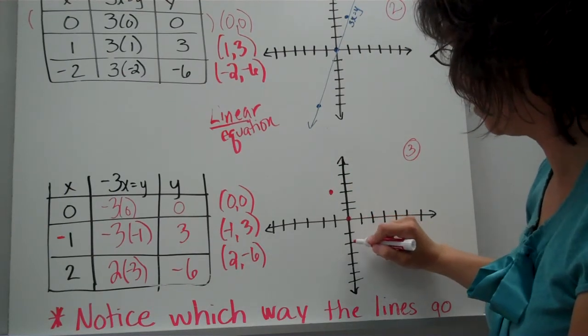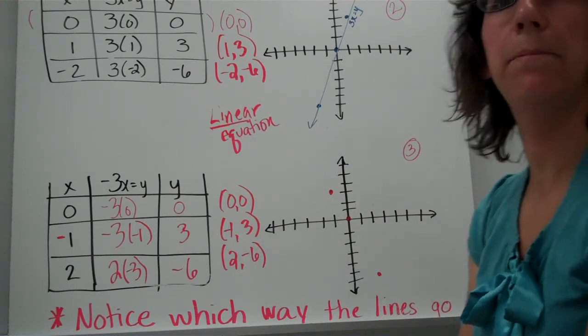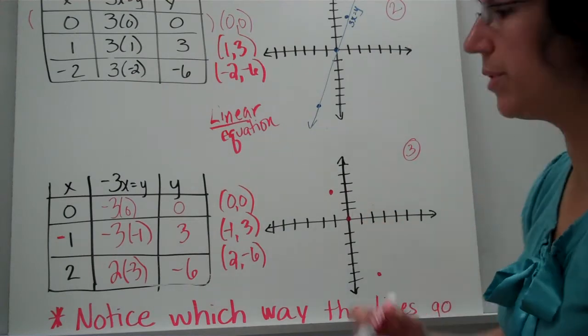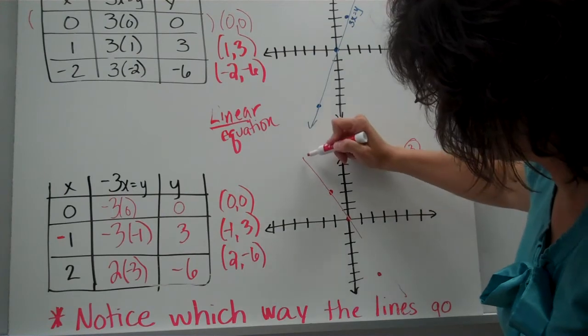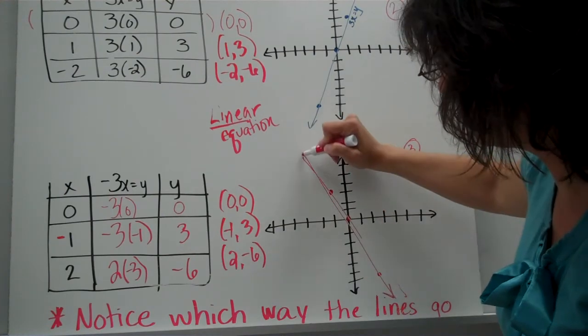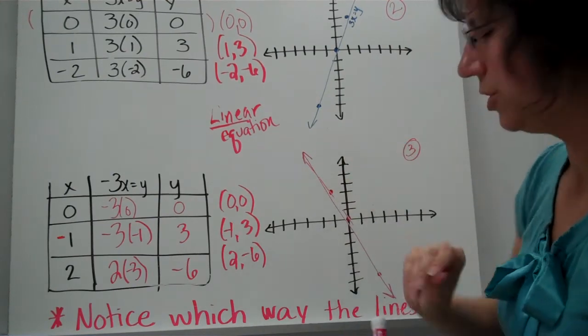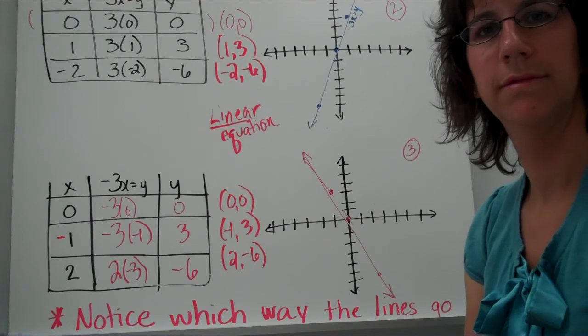Now I am using a self-made graph here, so mine might not be as exact as yours, which already has the grid lines. But once you have those 3 points, go ahead and connect the dots. As straight as you can. You have a ruler, so that will help. Do you see how you have a straight line that goes through the origin?